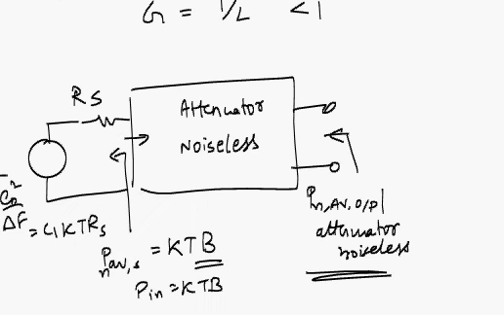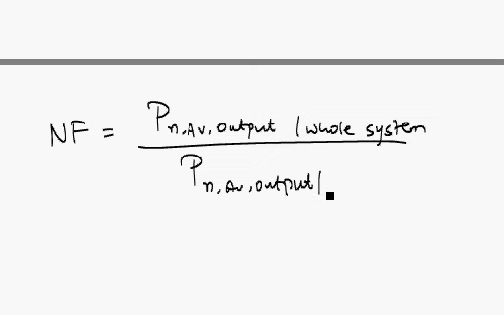That is the same as saying that you are driving the noiseless attenuator with a source resistance Rs, and you should get this number here, and that should give you L as the attenuation.